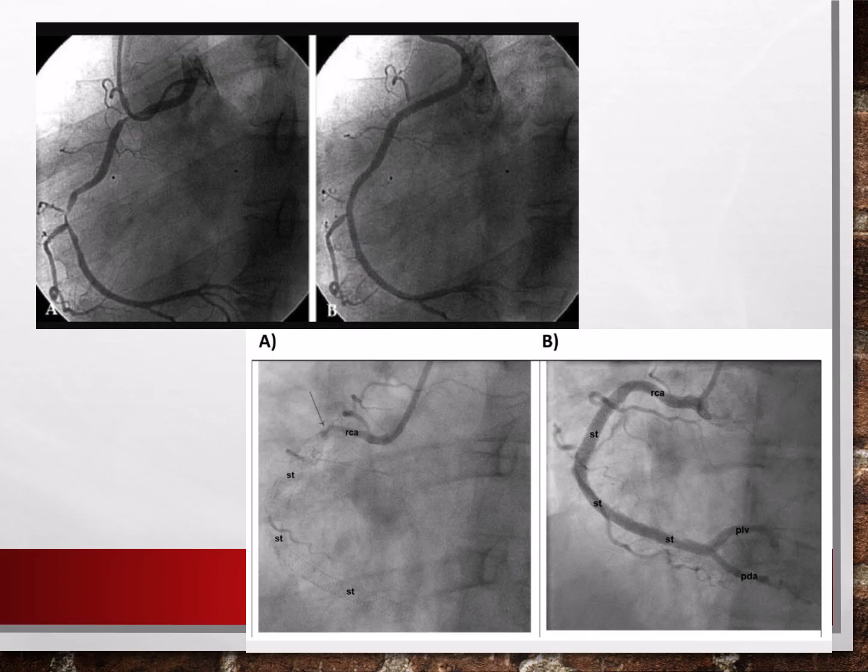You'll see that that blood flow is completely blocked. There is no blood flow going through to the rest of the artery, and that part of the heart is suffering. And if you see B, this is an after picture. You can see that that blood flow is restored with a stent or balloon or whatever they did, and that blood flow is now restored. STEMI is gone, and luckily this patient is fixed.